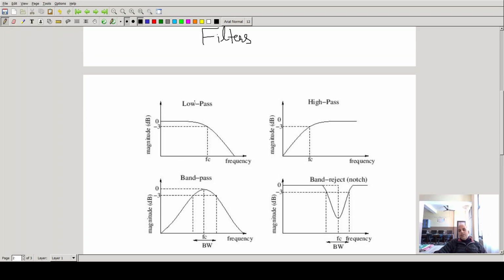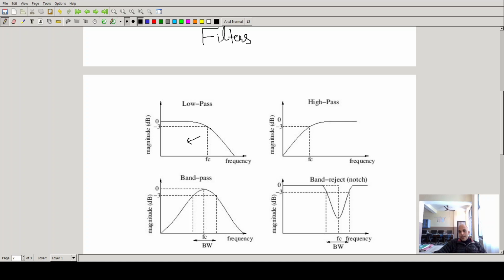Now I'm coming to the different types of filter based on their capability to select the desired frequency. So according to that, we have a low pass filter, high pass filter, right? This is low pass filter. Here you can see this is cutoff frequency FC, right? So all those frequencies which are below this FC are allowed to pass through the filter, right?